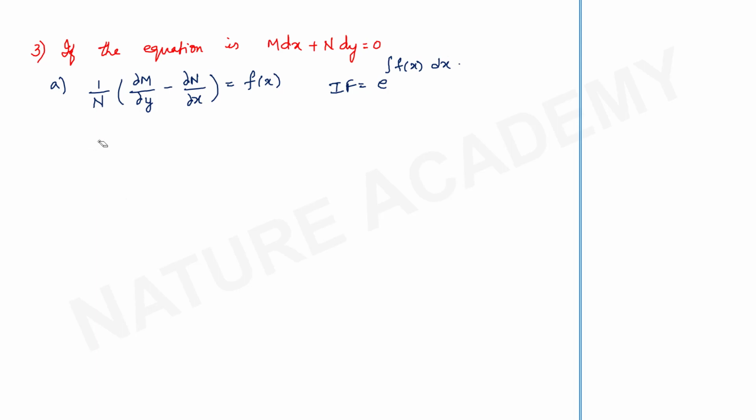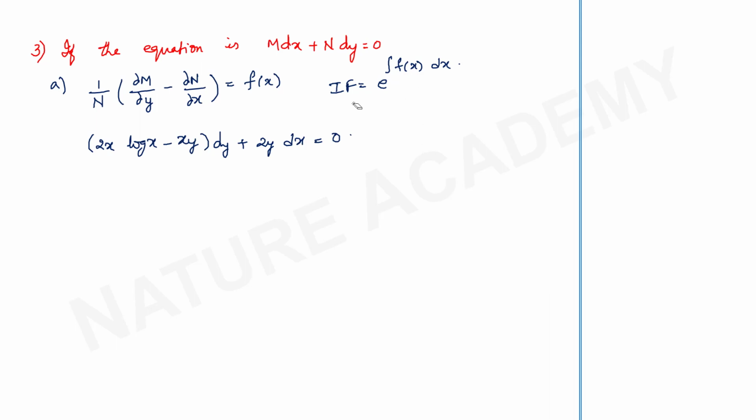For example, if you have (2x log x minus xy) dy plus 2y dx equal to 0. So if you have this type of differential equation where if you subtract ∂m/∂y and ∂n/∂x and multiply it by 1 by n, then you get a function with variable only x.